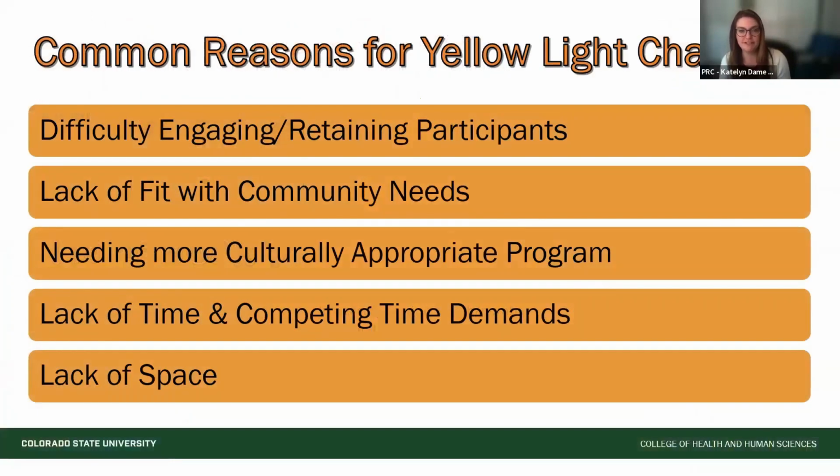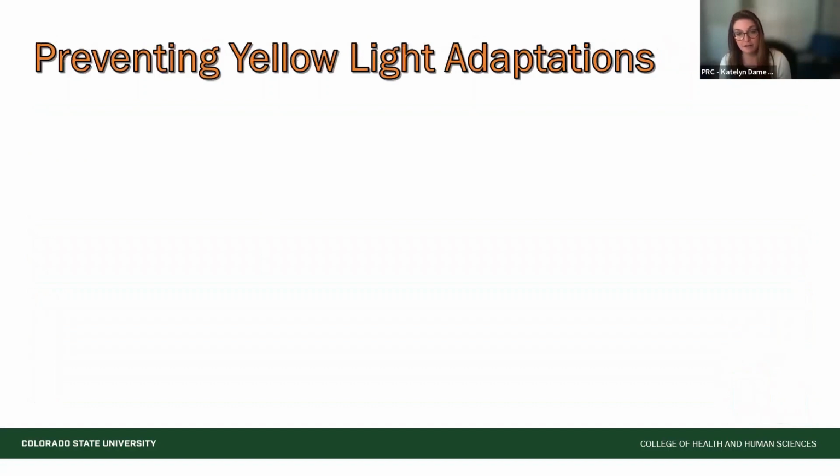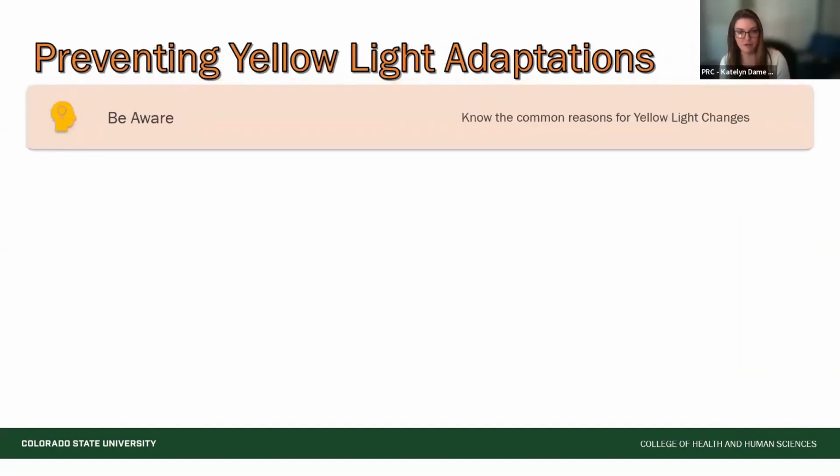And as I mentioned previously, most of these common reasons align with those for red light adaptations, but there is another common reason for yellow light adaptations that was not previously mentioned, and that's lack of space to implement the full program as intended. And to prevent yellow light changes, you should, again, be aware of the common reasons just mentioned to help guide you in decisions that are least likely to decrease program effectiveness.